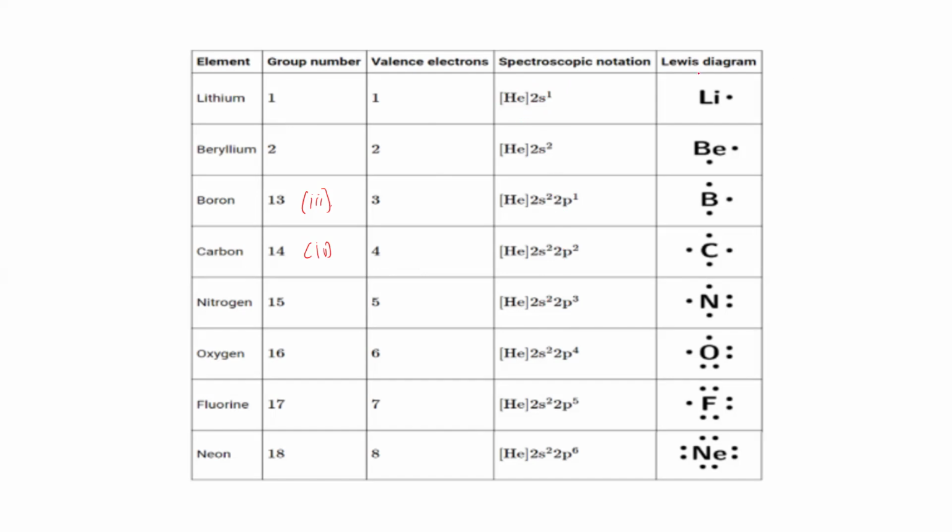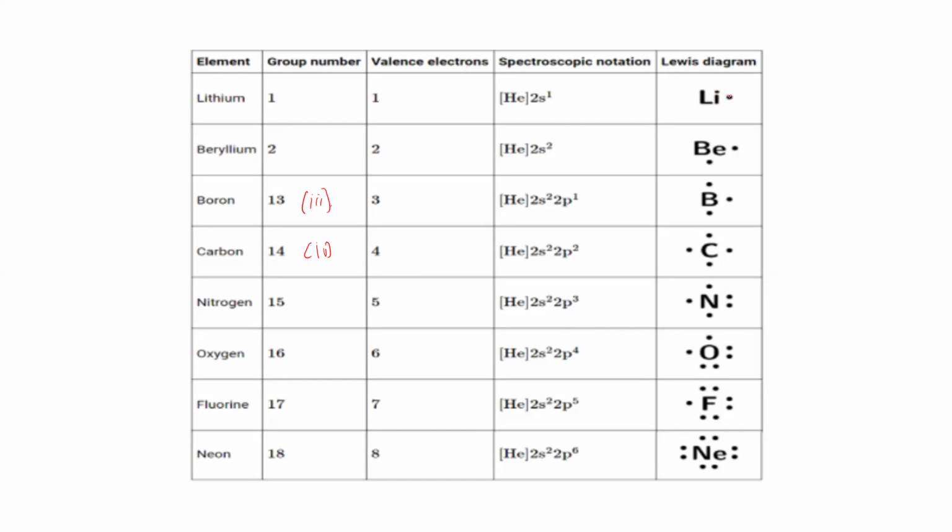And now let's go to the Lewis diagram, because our focus here is the Lewis diagram. For the Lewis diagram, like I said, you look at the element, you look at its group number, then you conclude the valence electrons for that element. And then you draw your symbol for your element, which is Li. So what does this dot mean?